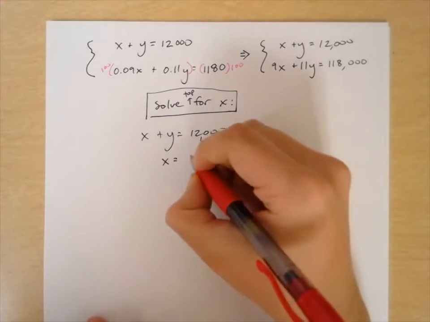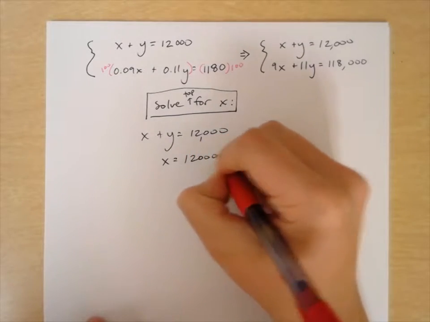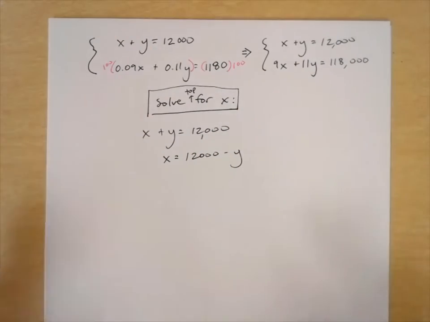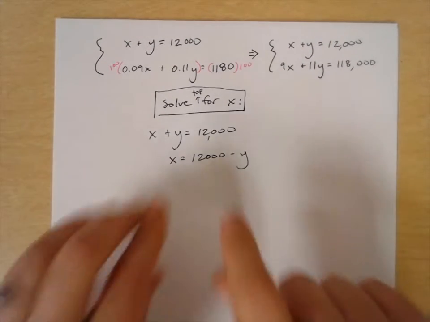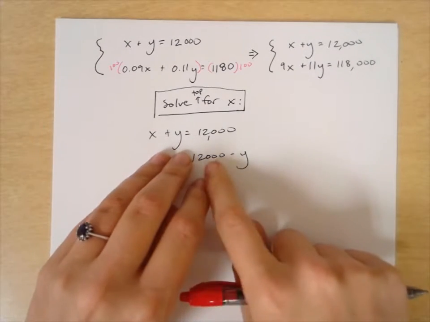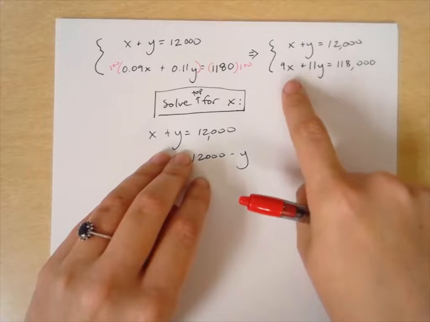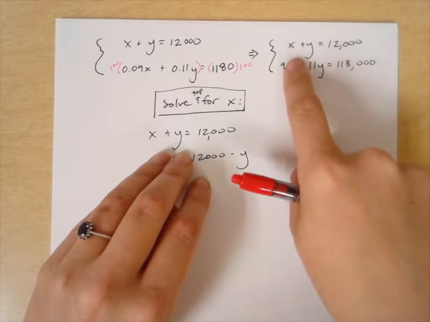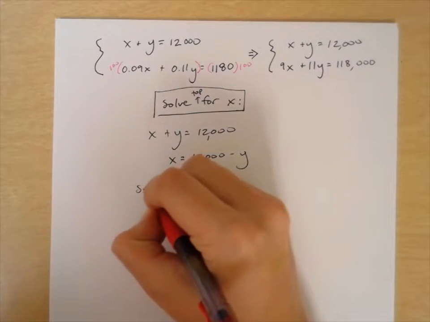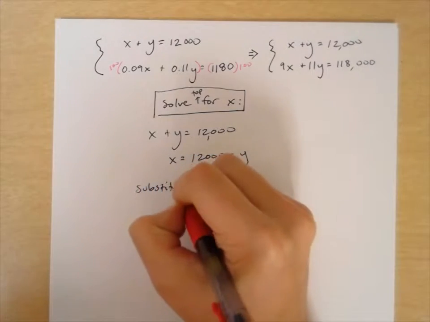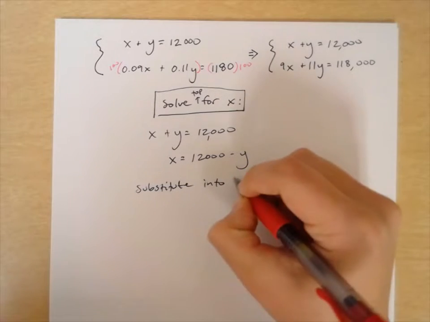When I do that, I get 12,000 minus y. Check it out, I've solved for x. Now I have something I can put into the bottom equation for x. I can get rid of that x and put this stuff in. That's exactly what I'm going to do. I'm going to substitute into the bottom.